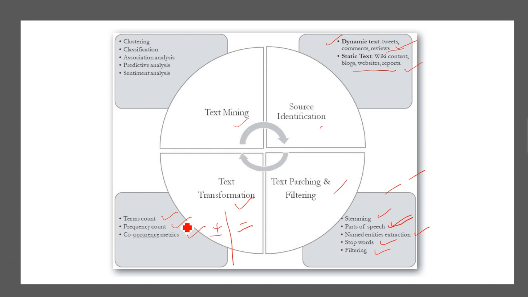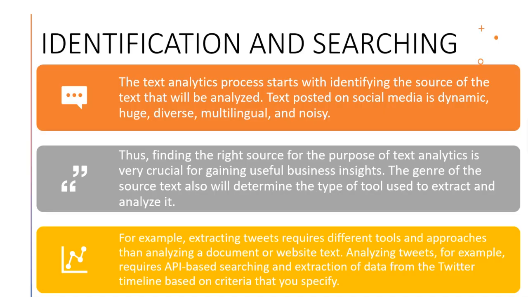And then we can count the frequency of positive comments and the frequency of negative comments. Then we can go for clustering, classification, association analysis, predictive analysis, and sentiment analysis. So these all come in text mining. So this is the whole cycle of text analytics.